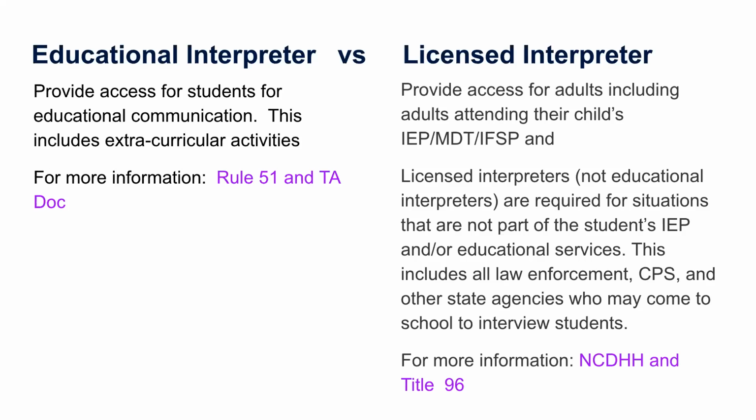That is now a law enforcement issue, and that law enforcement needs to bring with them a licensed interpreter. It's really, really important that interpreters understand that and that administrators understand that. So much goes on in that law process that if you use a non-qualified interpreter, it is now not admissible information.